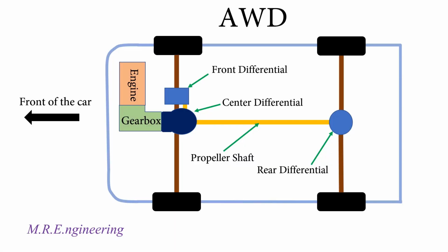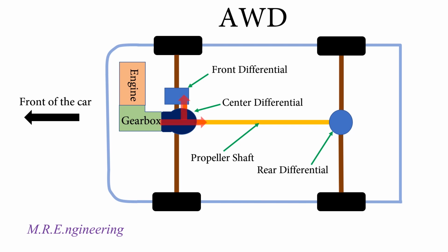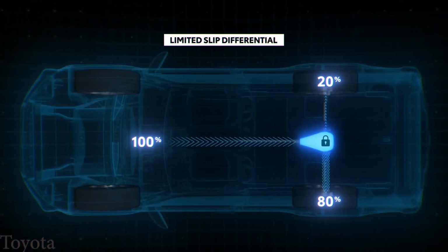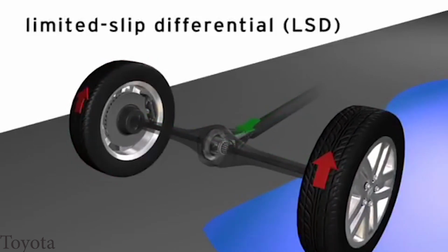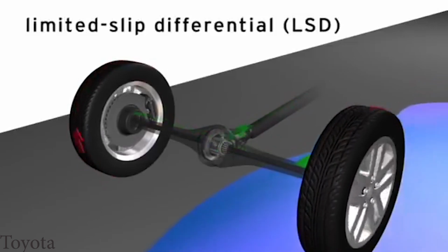Early all-wheel drive systems were also called four-wheel drive cars, and they used a simple open center differential to distribute power between rear wheels and front wheels. But soon the demand for a better and more efficient one got the engineers to make limited slip differentials. These limited slip systems restrict the rotation of drive wheels when or after they start to rotate without road traction and free spinning.